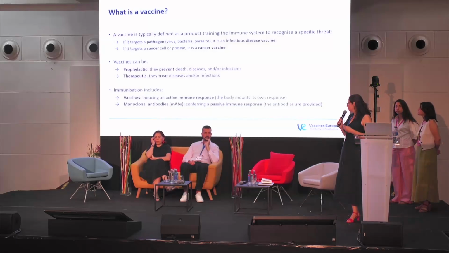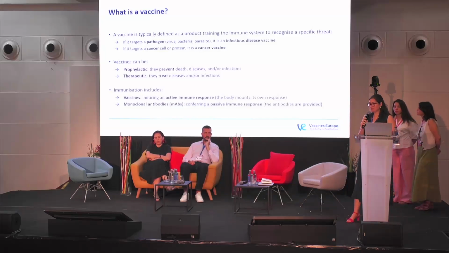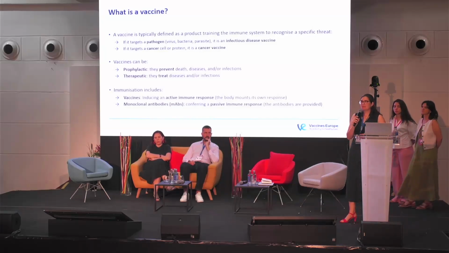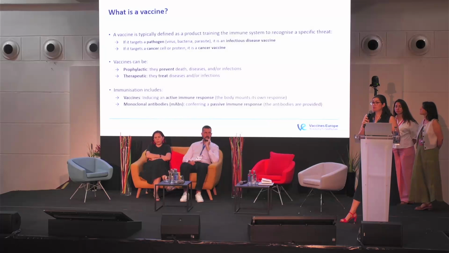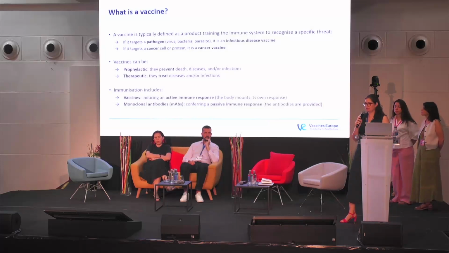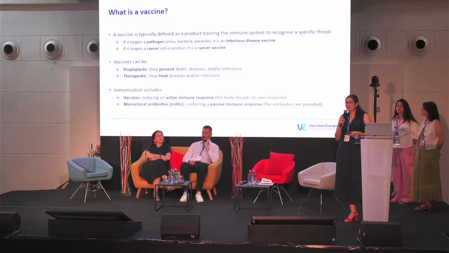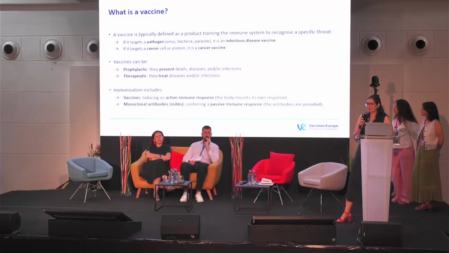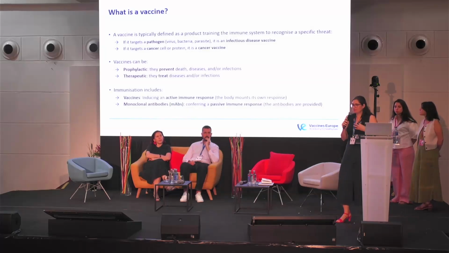Historically, those were infectious disease vaccines targeting a pathogen, whether it's a virus, a bacteria, or a parasite, for example. But now more and more, we talk about using the vaccine technologies to target other elements, such as a cancer cell, to try to destroy it. In this case, it would be a cancer vaccine. The specificity here is that you're training the immune system to build a response.